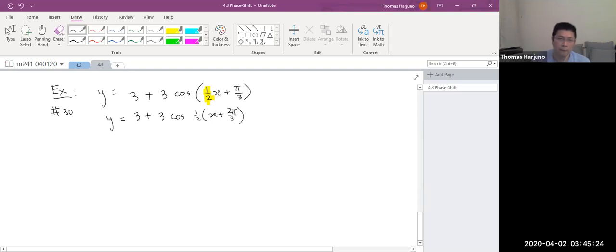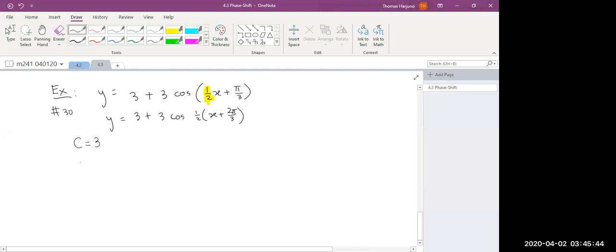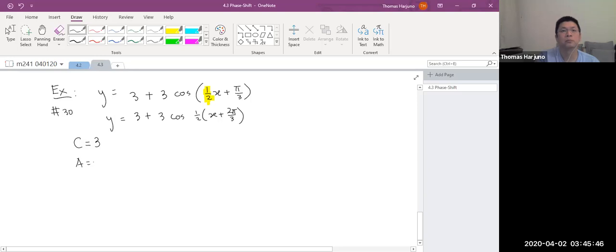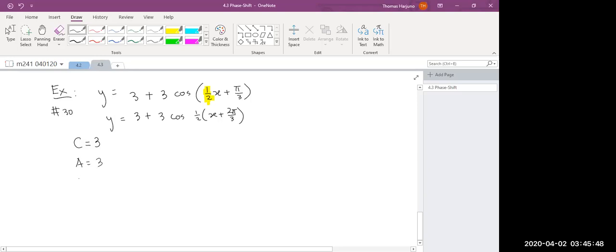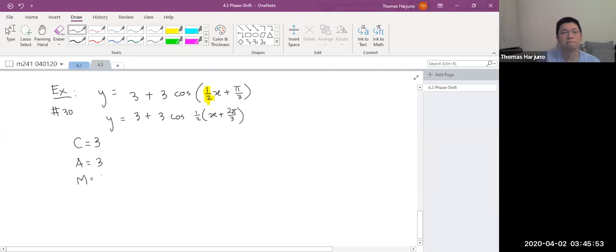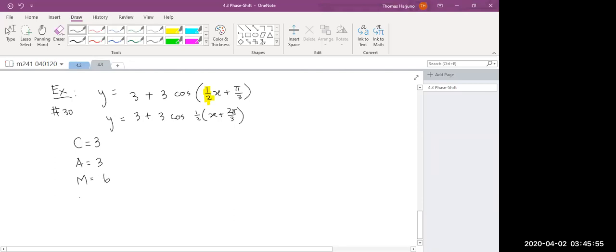You see what I mean? We need to rewrite it first. Then from here, we will see that the center is 3. How about the amplitude? 3. So the maximum is 6, the minimum is 0.